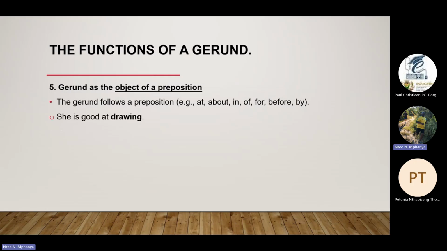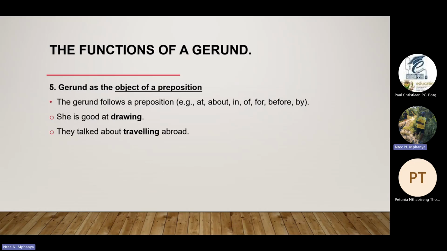She is good at drawing. Good at is a preposition. Drawing is now our gerund, which is a what? An object of what the person is good at.